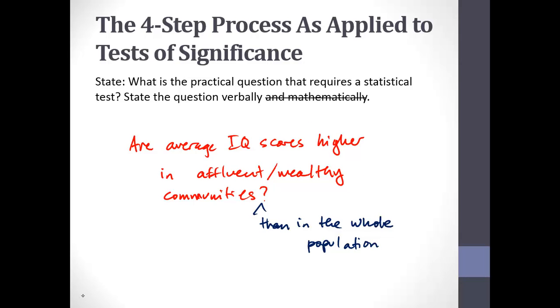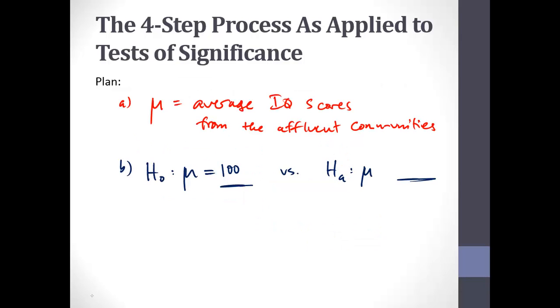Remember, our question of interest says, are these average IQ scores in affluent communities higher than the rest of the population? So we want to see if our average IQ for the wealthy communities is the same as the rest of the population, or if it's higher. So we want to compare mu to 100, which is the population number. So we can put that same 100 over here.